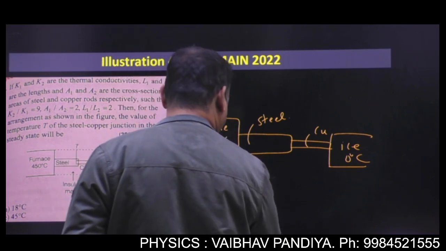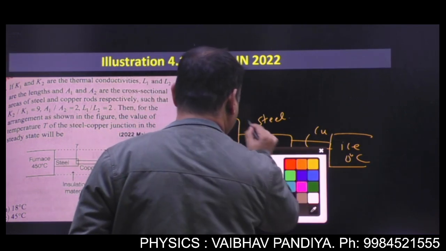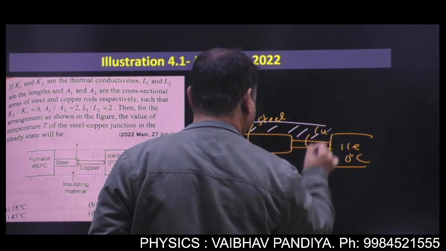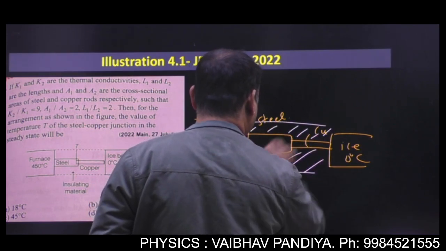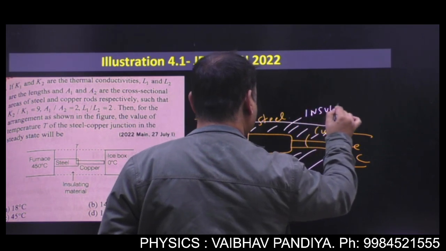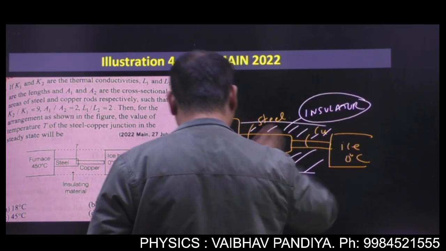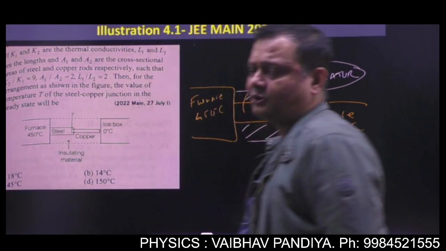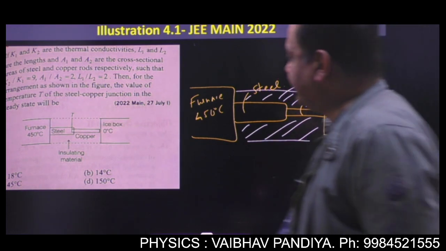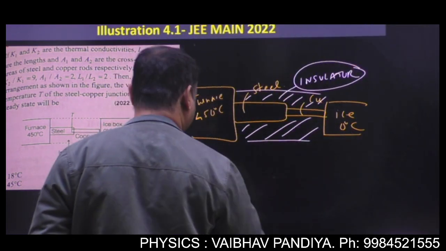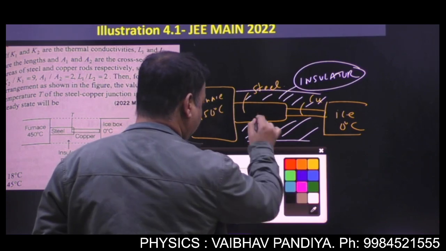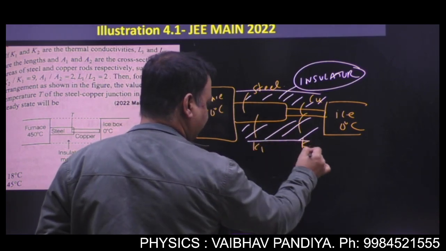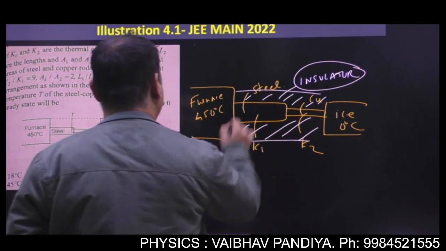And of course this has been given some insulating material, so there is no leakage of heat. Even if the insulator is not given, we will assume in the ideal case there is no loss of heat to the surroundings. K1 and K2 are the thermal conductivities. A1 and A2 are the areas.